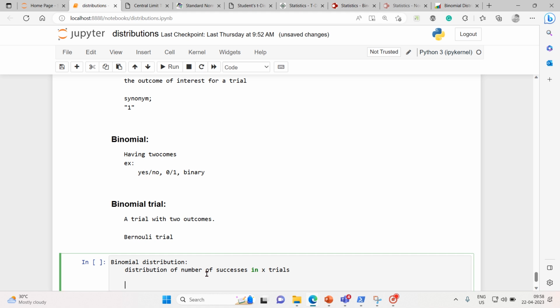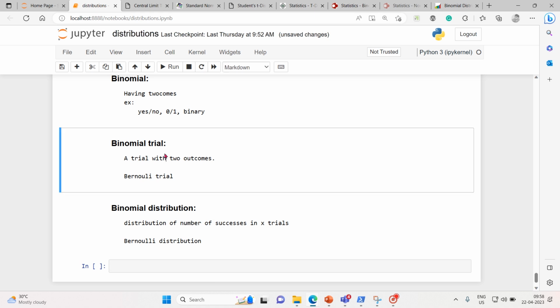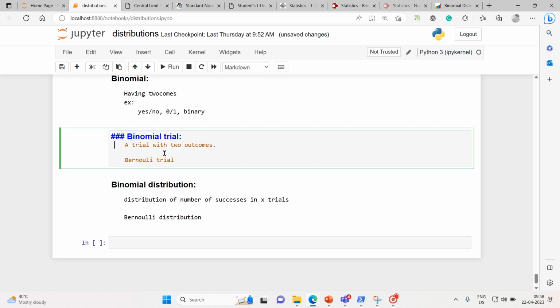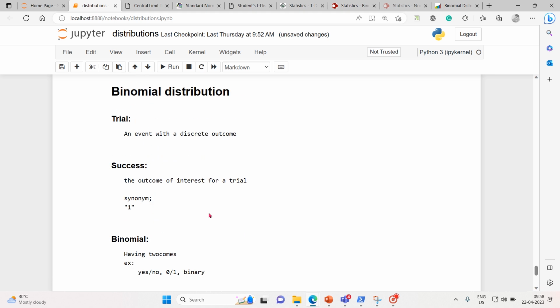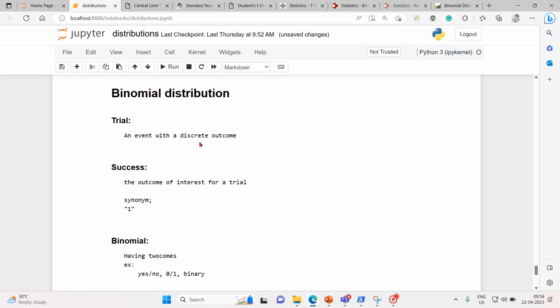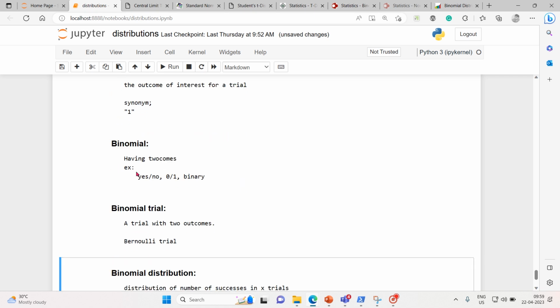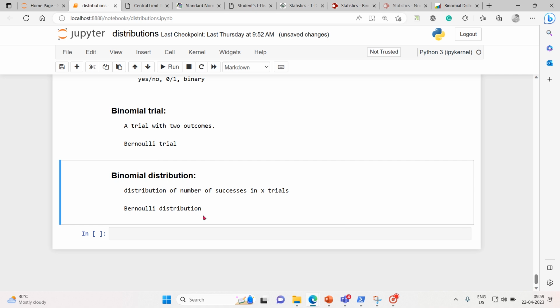This is also known as the Bernoulli distribution. So these are the most important terms of binomial distribution: a trial, success, binomial trial, and binomial distribution.